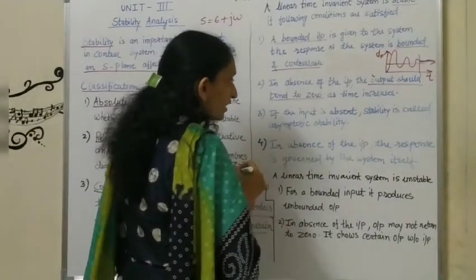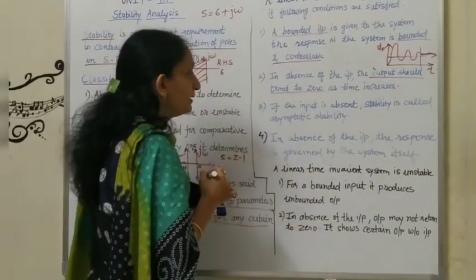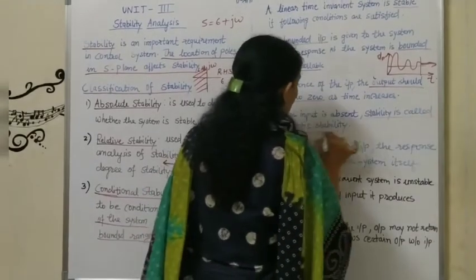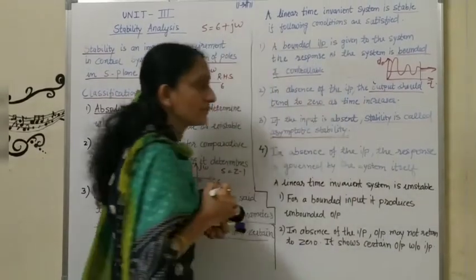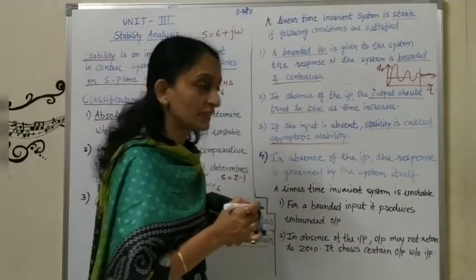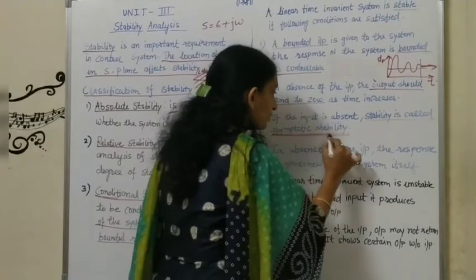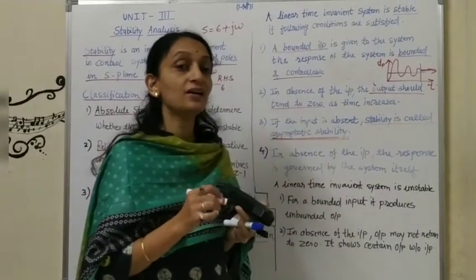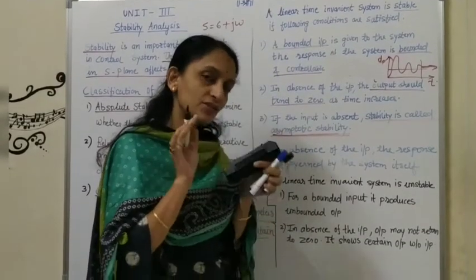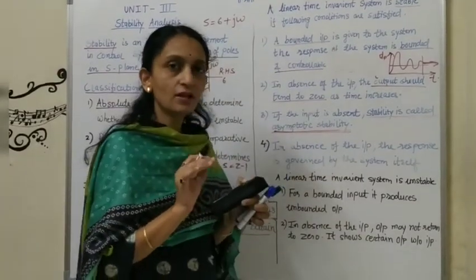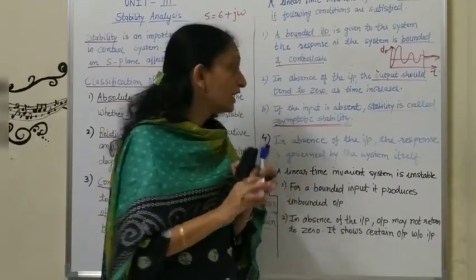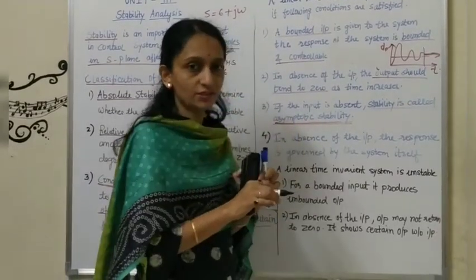Number 3, if the input is absent, the stability is called asymptotic stability. This is an important term, asymptotic stability. I will explain this term when we start root locus, but just understand the concept. Stability is called asymptotic stability when input is 0 or absent.